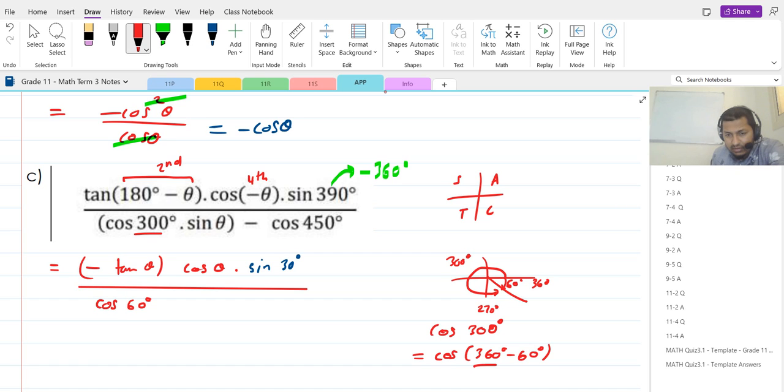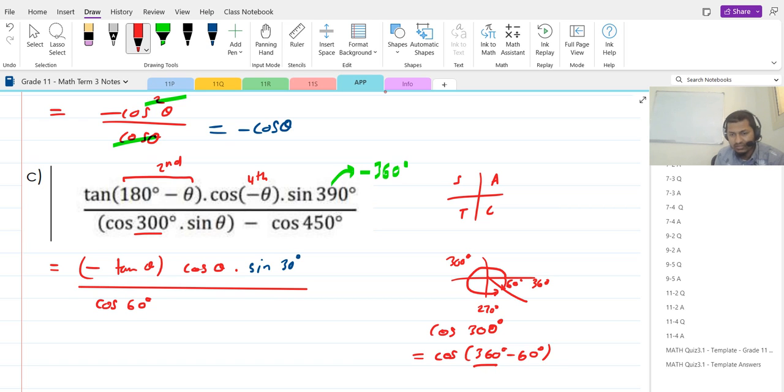And don't worry about the 360, the cos diagram takes into account the 360, because that's to locate the quadrant. So remember, 360 and 180 is not you trying to add and subtract, it is the location of the quadrant. The location of the quadrant is the fourth quadrant, and cos is positive in the fourth quadrant.